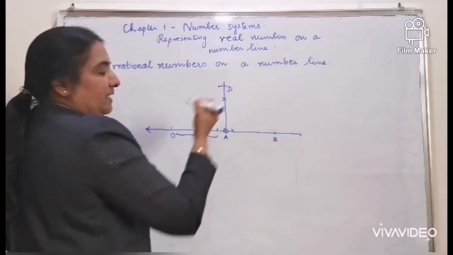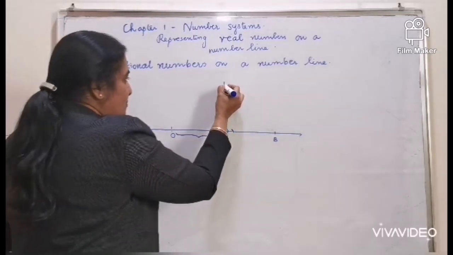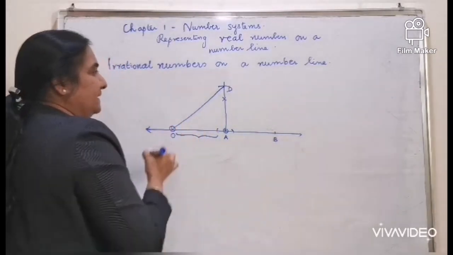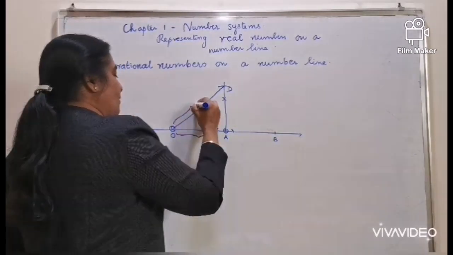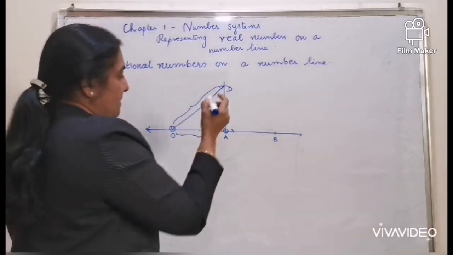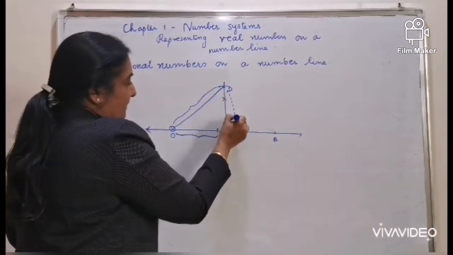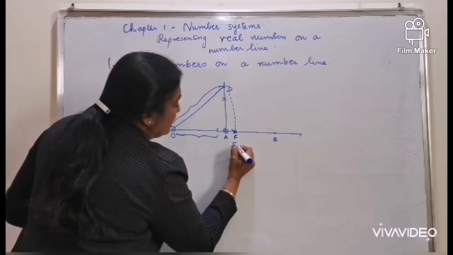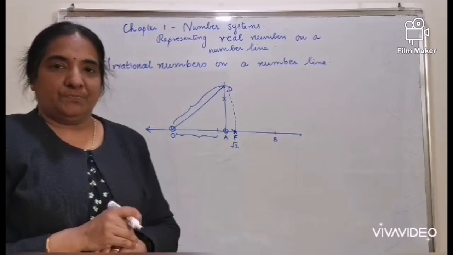You will plot the point D. Join OD. With O as center and the measure of OD, you will plot the point F, which represents square root 2.